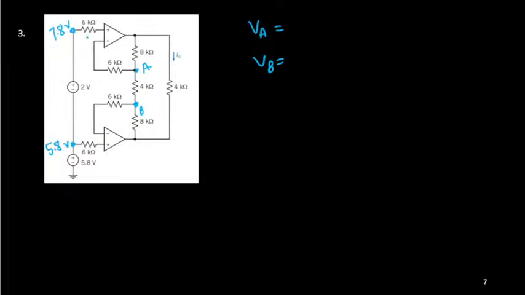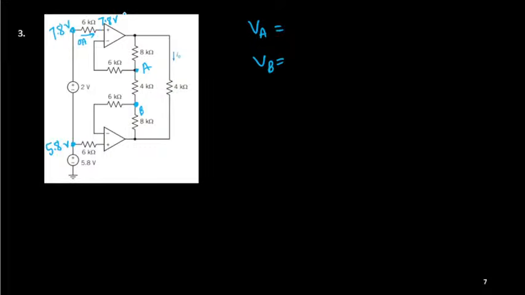This 6K resistance is connected here, but you understand that it is connected to the non-inverting terminal. There is no current flow here. This is 0 ampere, so no voltage drop across the 6K resistance. So this potential is also the same as 7.8 volt.